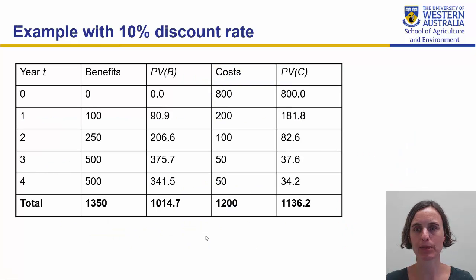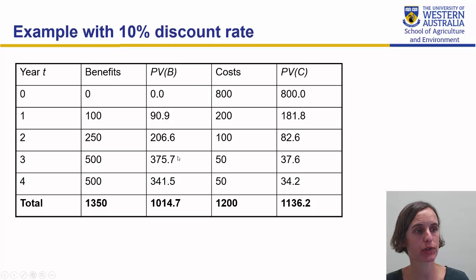So let's look at another example. This is an example where I've used a 10% discount rate. This is a project that goes over 5 years. The first year we don't incur any benefits, but then benefits go up over time. But the present value of those benefits are discounted by 10%.